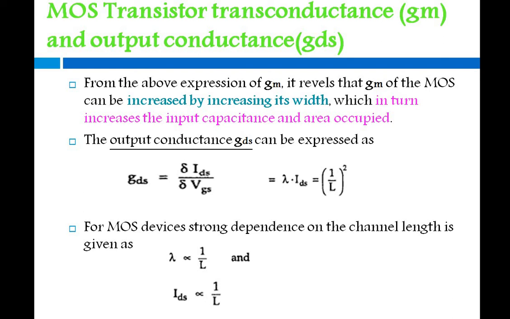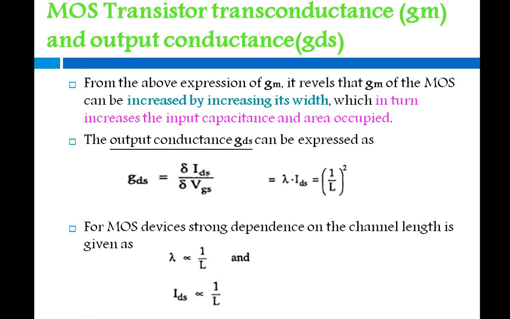It is very simple. Now GDS can be expressed as GDS is equals to delta IDS divided by delta VGS. And that is given as the simple equation lambda into IDS. This lambda is directly given as 1 by L square. It is just the formula, that's it, because depending upon these equations, for the MOS transistor or the MOS devices, strong dependence on the channel length is given.